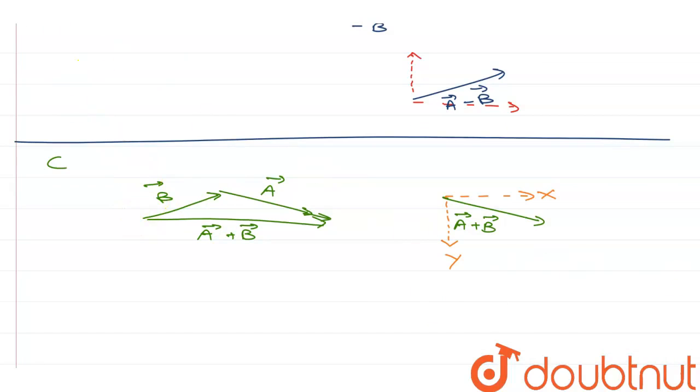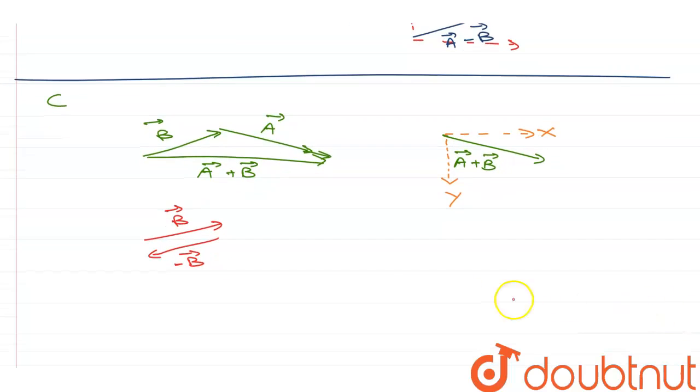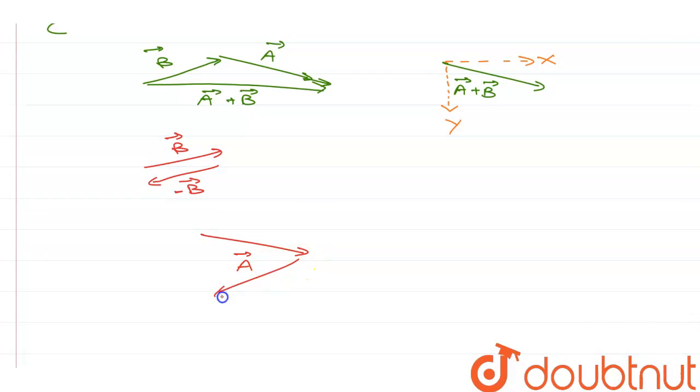So what I get is, if this was vector B, this will be my negative of vector B. So this is vector A and I'm going to slide this negative B. And if I join them, so this vector is basically A minus B, and it looks something like this.